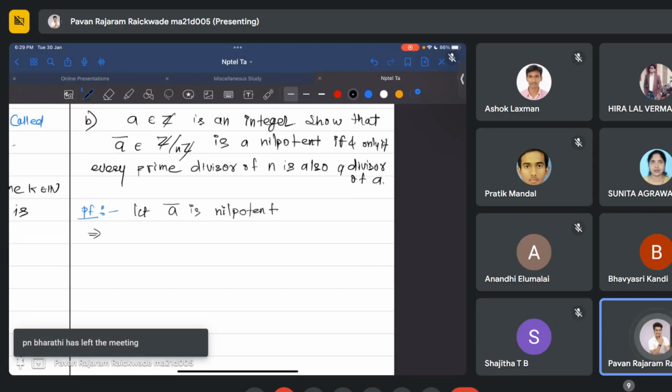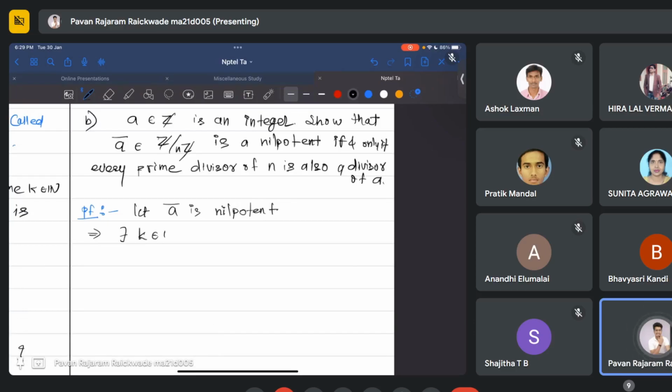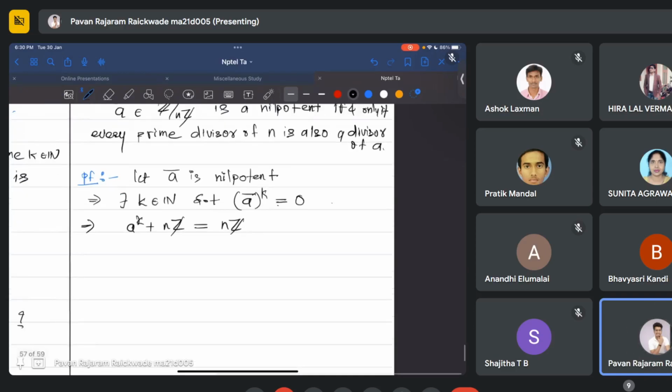So this means there exists a natural number, I'll call this k, such that a bar to the power k is the zero element, right? But what does that mean? This means a to the power k plus nZ equals nZ, right? And you know when this happens? This happens if and only if a to the power k is a multiple of n, right?